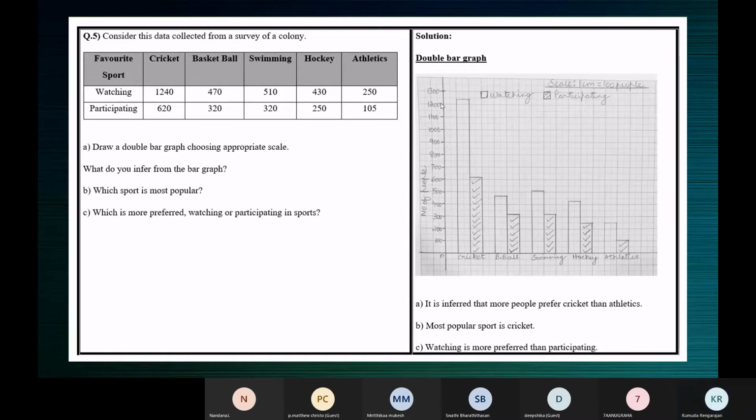It will be so tall. So a scale of 1 centimeter for 2 units is not ideal. 5 will do good: 5, 10, 15, 20, 25, 30, 35, 40, 45. So it will be this tall. Yeah, that's good.